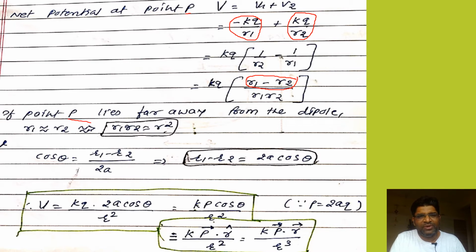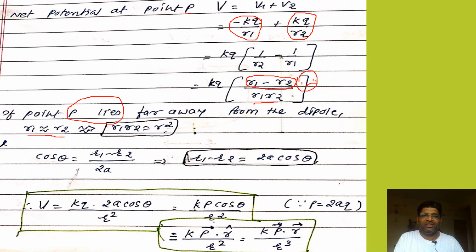So if point P lies very far away from the dipole, then these two distances R1 and R2 are almost the same, and if you multiply these two, R1 into R2 is almost equal to R squared, where R is the distance from the center of the dipole O. So R1, R2 and R are all almost equal. So don't go and cancel here. If you say, sir, R1 minus R2, let's cancel it, then the whole thing ends here. Everything will become zero.